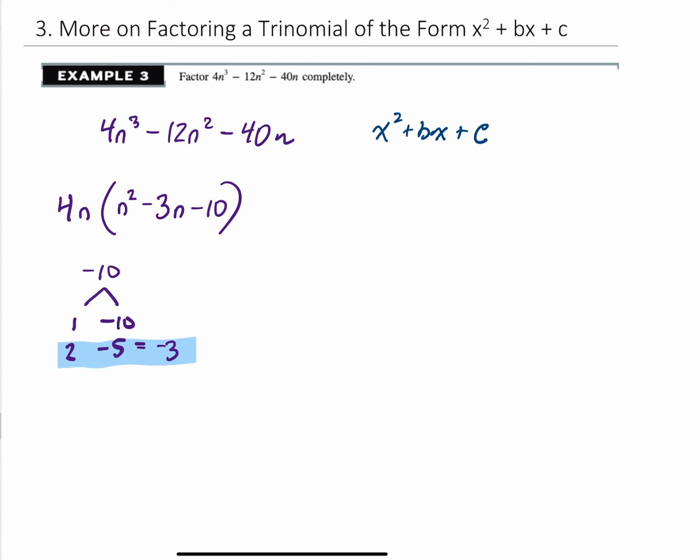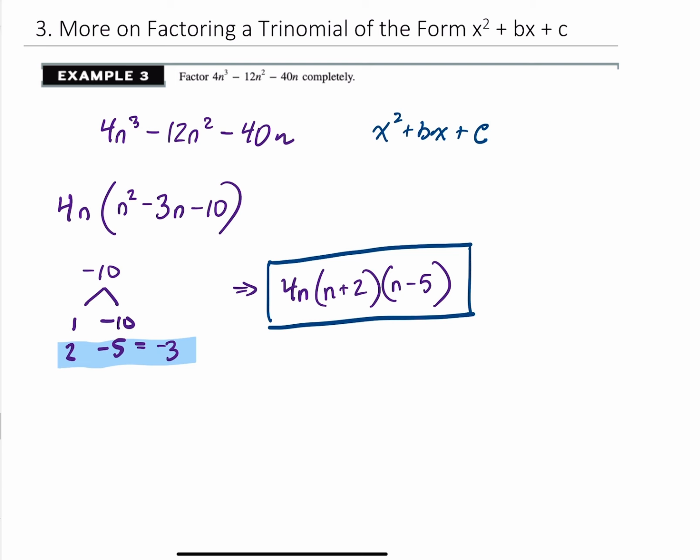So that means we still have the 4n in front, but then that set of parentheses will factor into n plus 2 times n minus 5. So just check first if there is some greatest common factor that you can factor out of every term.